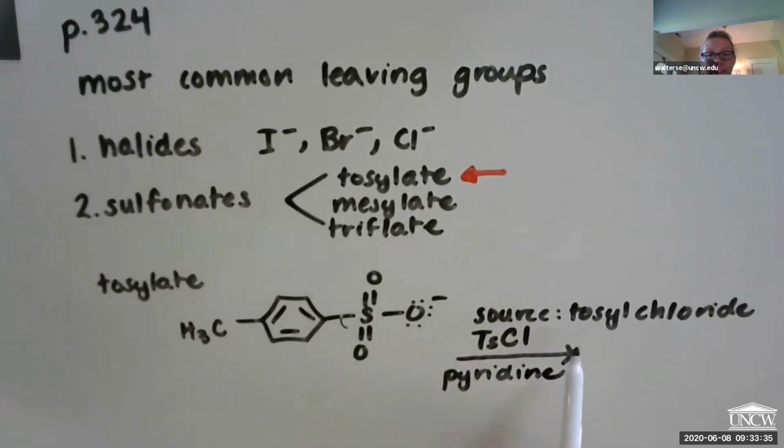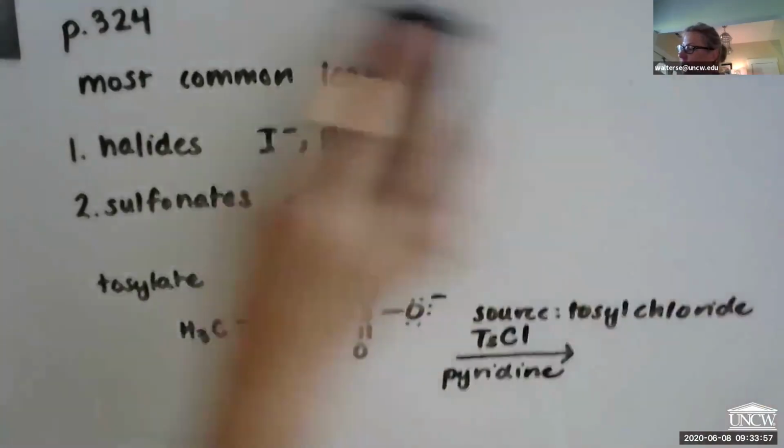So on a flashcard, you should have tosyl chloride over the solvent pyridine. You don't have to know the structure of pyridine. I would recommend that you learn the structure of tosylate to be able to recognize it. Okay. So let me show you how that reaction would be written.